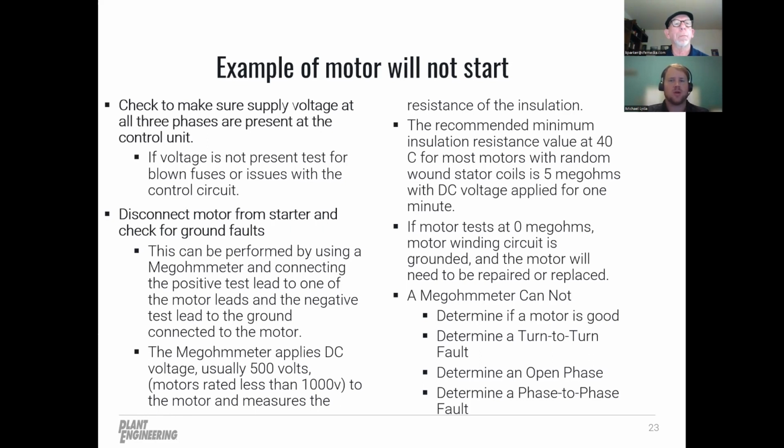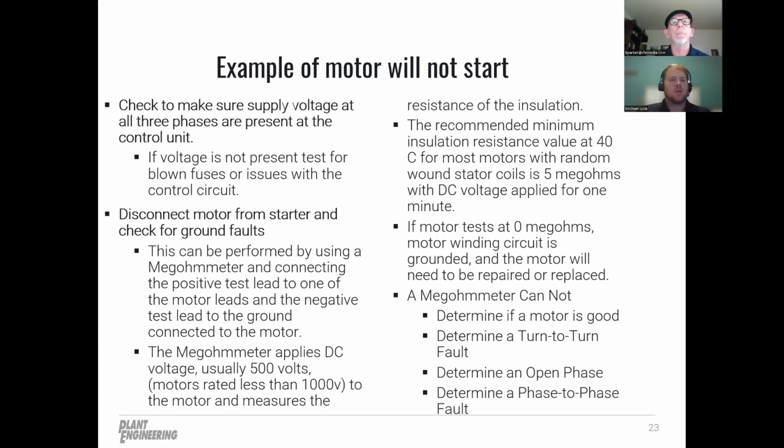If you suspect a grounded motor, you can test that by performing the insulation resistance test. You take the megger and apply 500 volts DC to the motor, and that's going to measure the resistance of the insulation to ground. The applied DC voltage is why it's important to remove the motor leads from the control circuit. You don't want that feeding back to any soft starter or VFD.